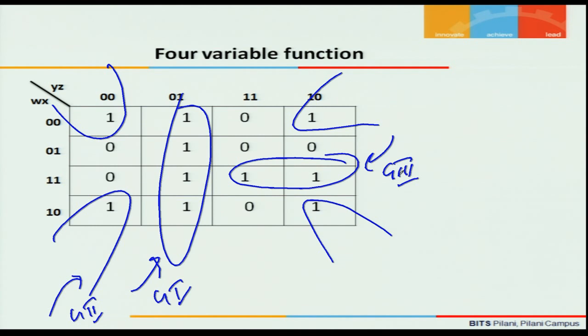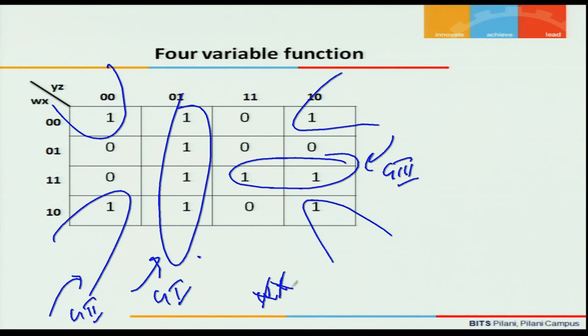Now, having done this in this example, we finally get 3 groups formed here. Now, we could write the product term corresponding to each of those groups. For example, group 1: by observation we can see in this group W and X both have their values changed, somewhere it is 0, somewhere it is 1. So, we drop both of them.